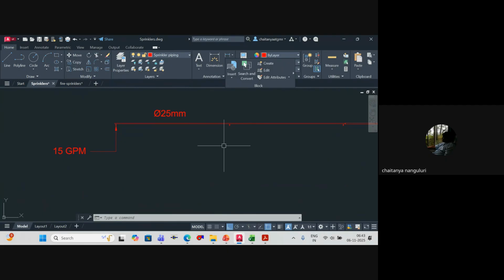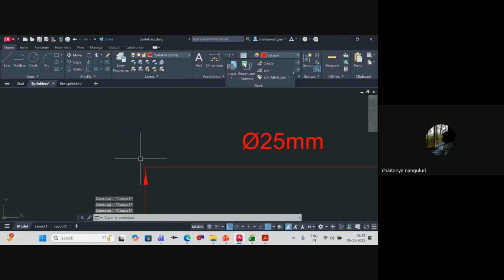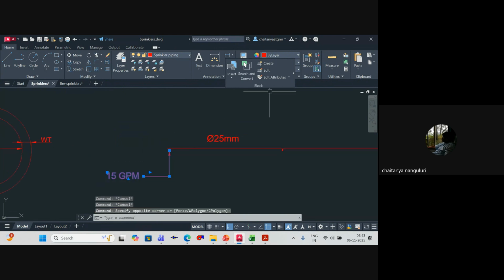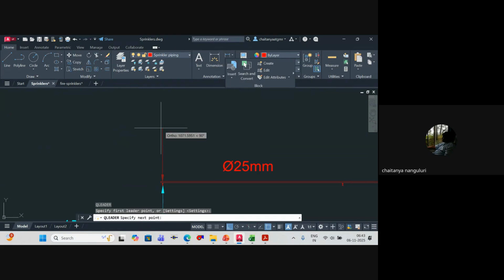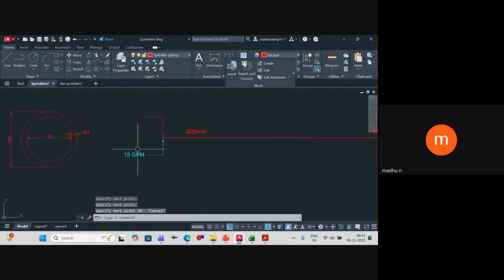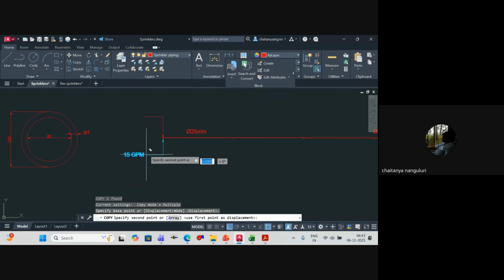Hello. Yes, yes, Chaitanya. So now we'll try to calculate. Anyway, we already know the pressure that we require. So I'll just change the colors for ease. The pressure that we require in this location is 7 PSI.